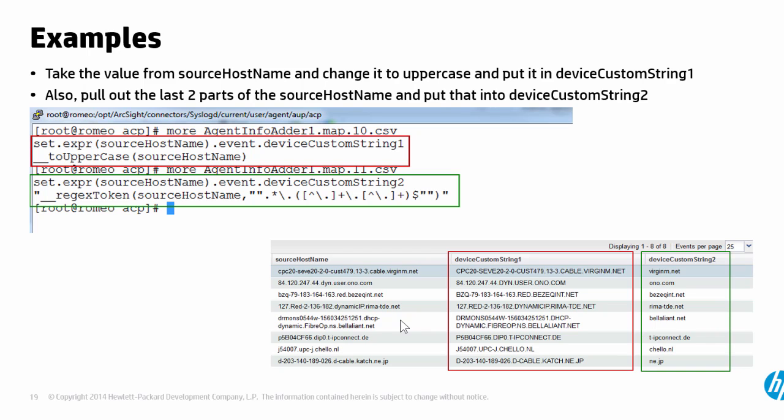So in other words, between device custom string 1 and device custom string 2, I'm creating one field with the host and the other one with the domain. So I'm basically splitting them out, and that might be quite useful depending on what you're trying to do. So a couple of good examples there, and as you can see, I've got two files there.